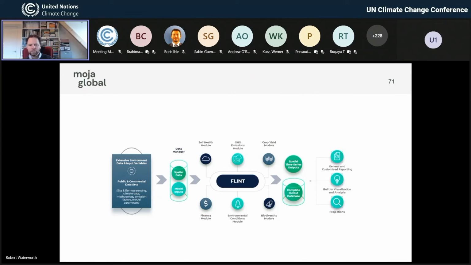Around the outside of the FLINT, we then have models, or as we call them, modules. So when we have a model and we attach it to the FLINT, we call it a FLINT module. Those modules subscribe to the FLINT effectively. And as the FLINT is running, it's talking to those modules, and those modules are saying, I need to run now. They run a time step and they come back. And I'm going to talk a little bit about that time step issue later. There are extra modules on here that you'll see, like a finance module and a biodiversity module.